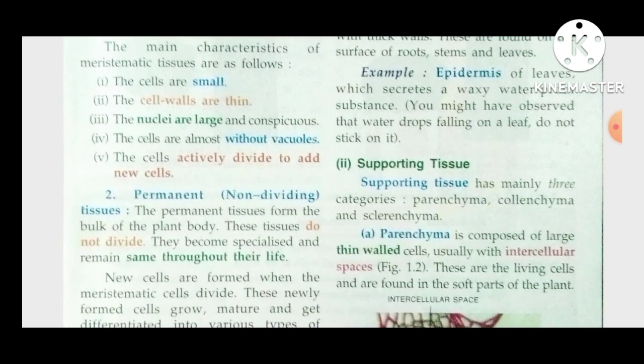What is supporting tissue? Supporting tissue has mainly three categories: parenchyma, collenchyma, and sclerenchyma. What is parenchyma? Parenchyma is composed of large thin-walled cells, usually with intercellular spaces.